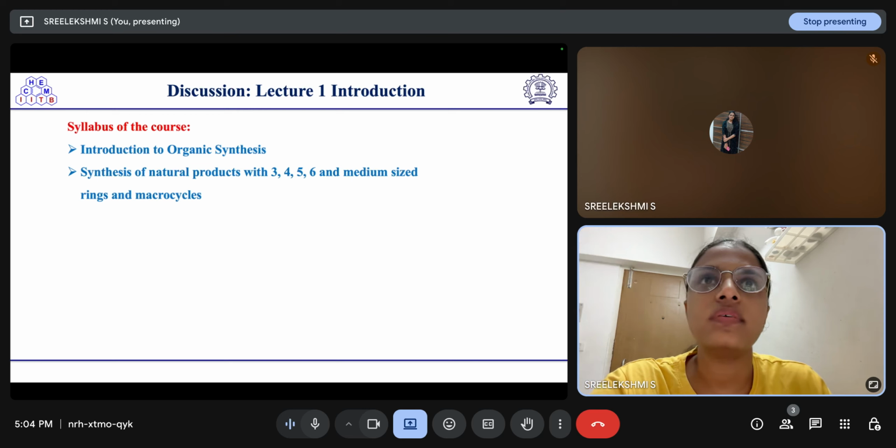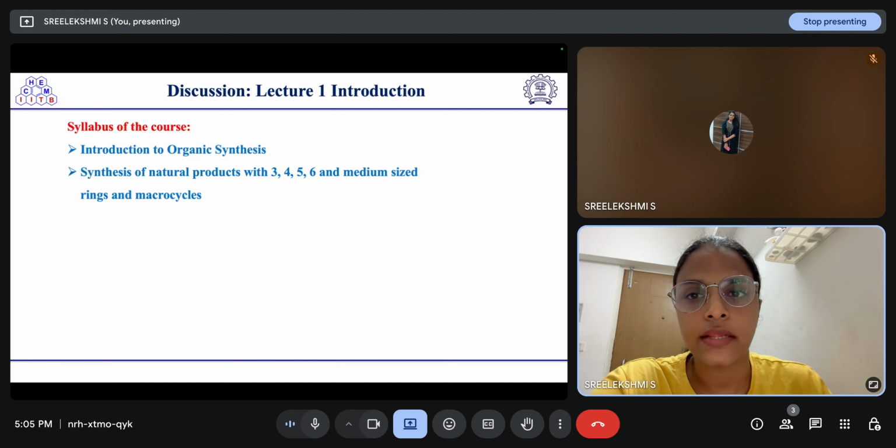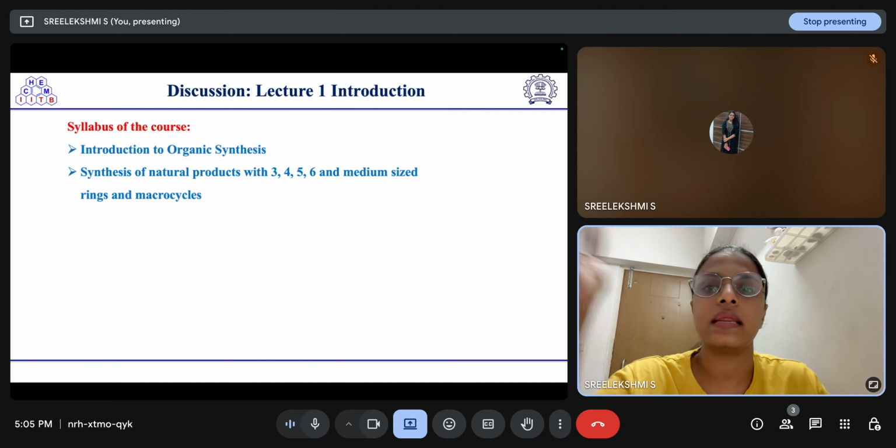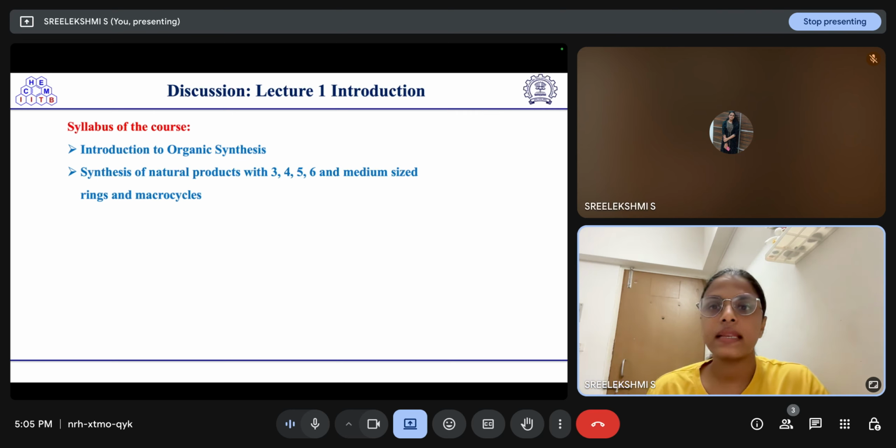So in this course, we will see the total synthesis of different natural products having these different ring sizes and core structures. We will also see more than one approach to a particular natural product, and how different groups approached it in different ways using different key reactions. Through that we will get an idea of how to approach a natural product and how to devise a retrosynthetic strategy. That is the main aim of this course, which is mainly aimed at MSc and PhD first year students.